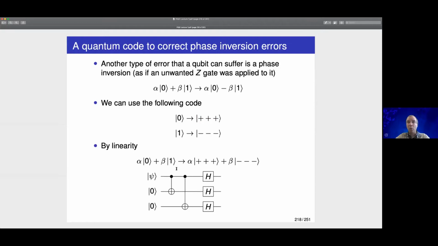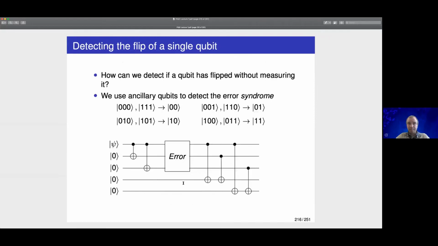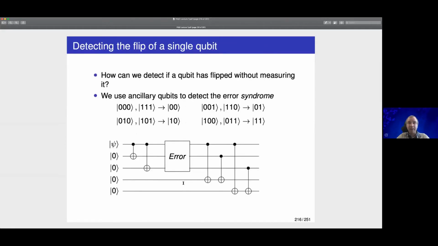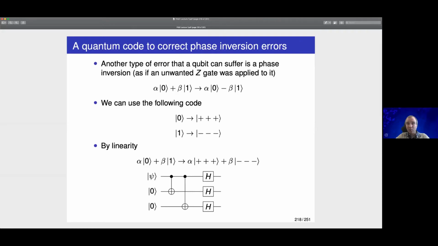Okay, so what we do in order to encode a general qubit into the superposition of the encoding of the basis states is to use a circuit which is similar to the one that we used to encode in the first quantum error correcting code that we defined. But now, in addition to that, we use the Hadamard gate. So here we would have that the 0 is going to be transformed at this point into 0, 0, 0.